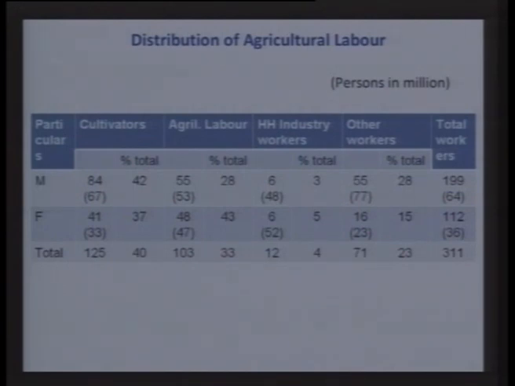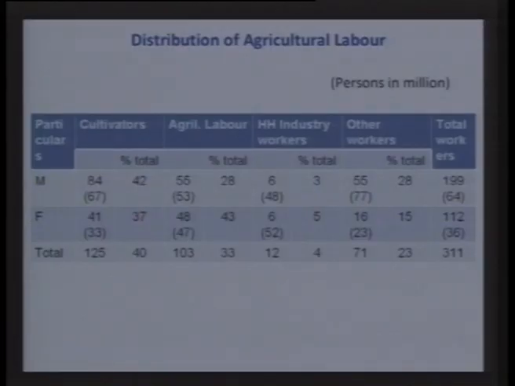We observe that the cultivators and agricultural laborers are the major forms of labor and employment in the rural area, amounting to 73% of the total workforce in the rural area. Female workers also account for a substantial portion of the workforce found in the rural sector.